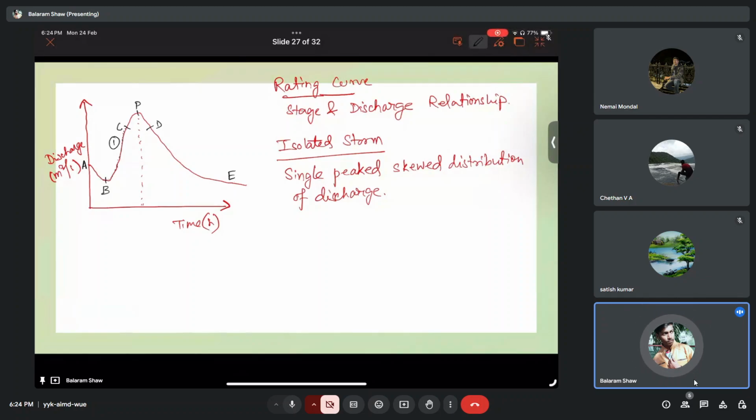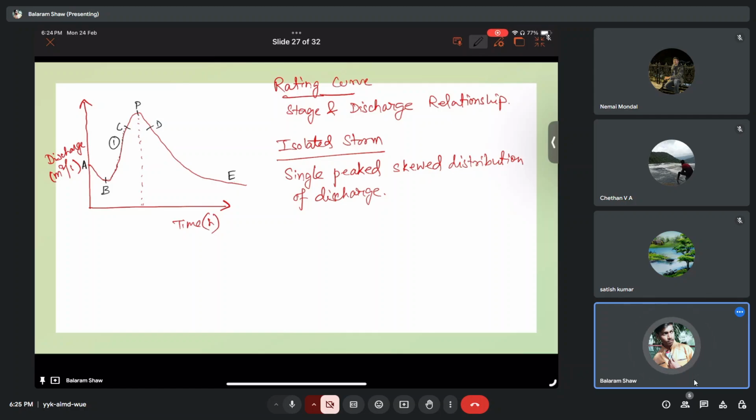As the rainfall starts, what will happen to the runoff? Because it is a discharge versus time curve, we can call that runoff also. We know that first the water will infiltrate, and then go through base flow, evapotranspiration and so on.